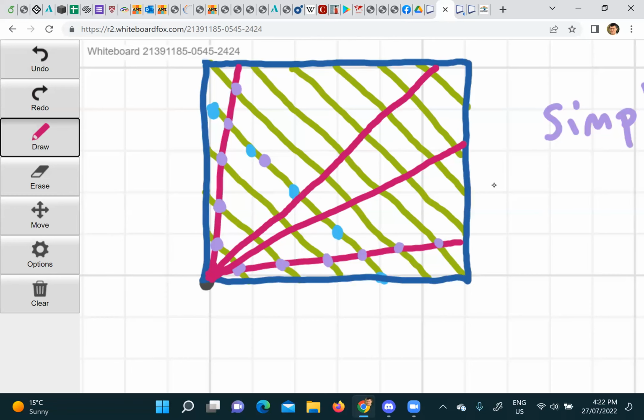She's eating chocolate. Okay, so 1, 2, 3, 4. So that gives you 14 squares, right? Because some of them are the same. And does it cut?